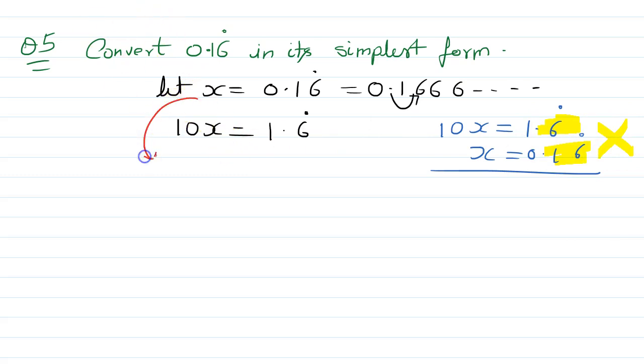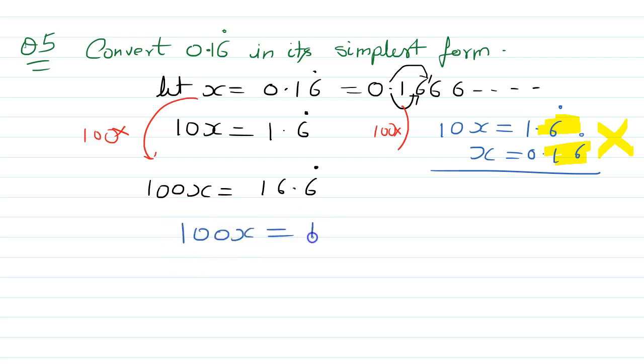If we multiply by 100 here and by 100 here, it will be 100x equal to, and the point is shifting 2 units this side, so it will be 16.6 recurring. So now we can solve these two equations. 10x, see, after the point here it is 6 recurring and here it is 0.6 recurring. So we can solve these two equations. So let's solve it.